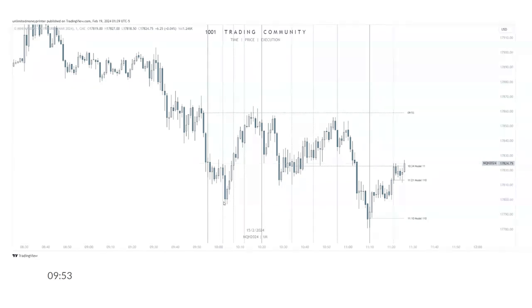You can long with a stop below this low. Take profit, if you're in multiple contracts, if you're in micros, should be at 9:53. Thereafter, you can use standard deviation targets for -2, -2.5, etc. But at 9:53, you need to be at least taking one contract off and adjusting your stop to break even after a large move like this.